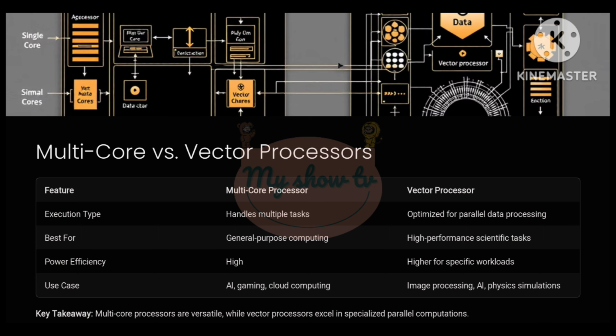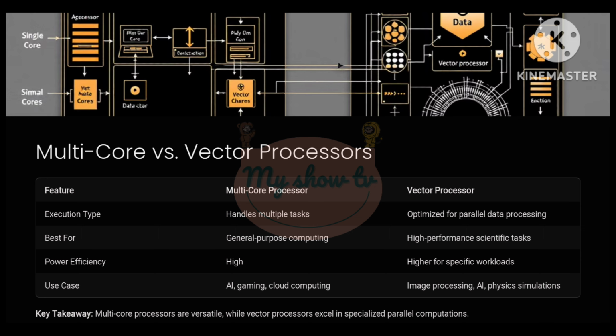2. Best for: multi-core processors. Ideal for general-purpose computing. Handles multi-threaded applications, AI, and real-time cloud services. Vector processors. Best suited for scientific computing, AI, and physics simulations. Used in applications that process large volumes of numerical data. 3. Power efficiency.